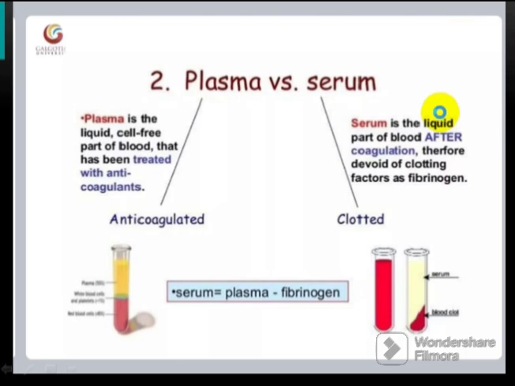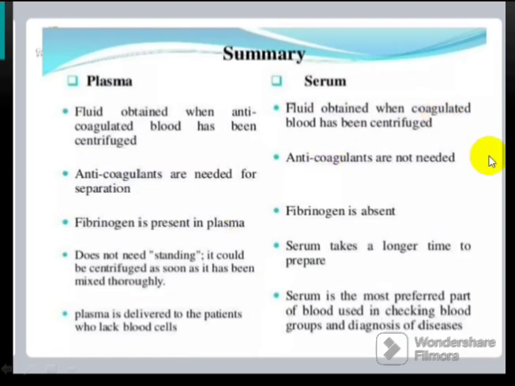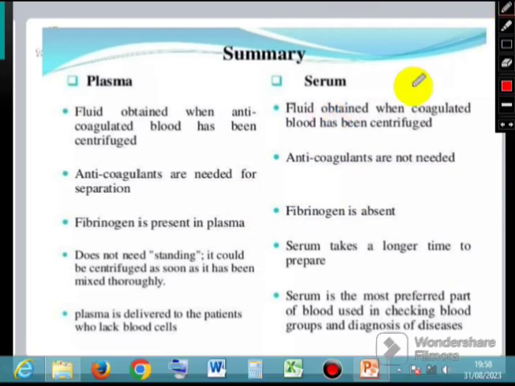Okay, there are some differences between plasma and serum. This slide shows us the comparison of plasma and serum.